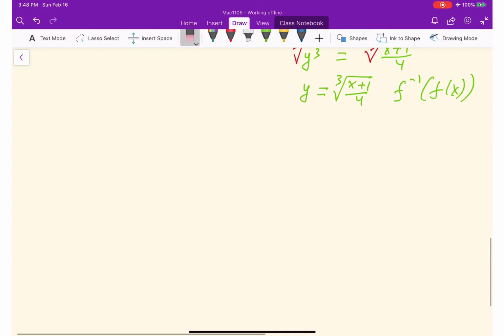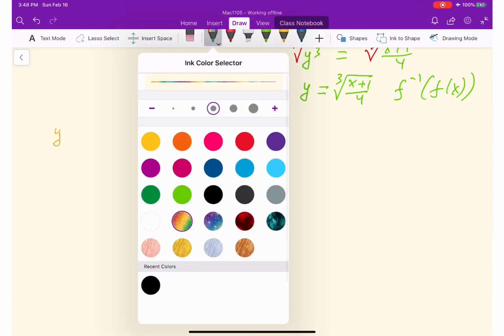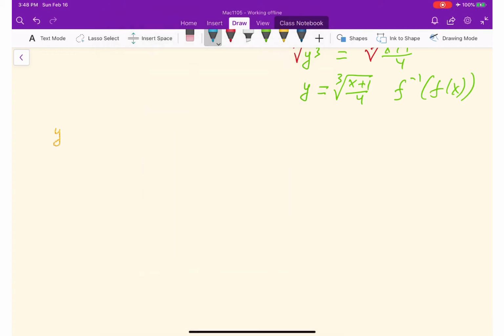Another one. Let's say y is equal to f of x, and it is equal to x plus 1 over x minus 5.